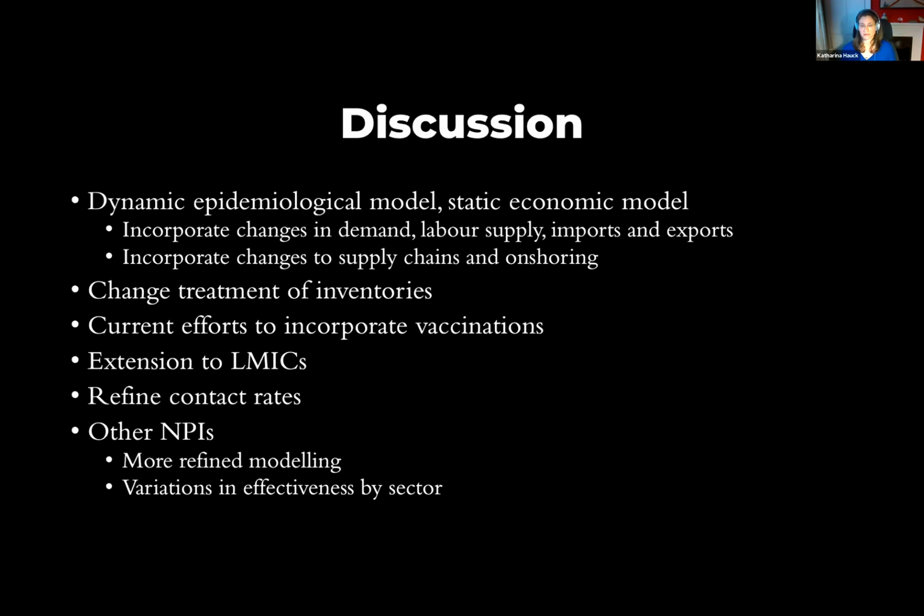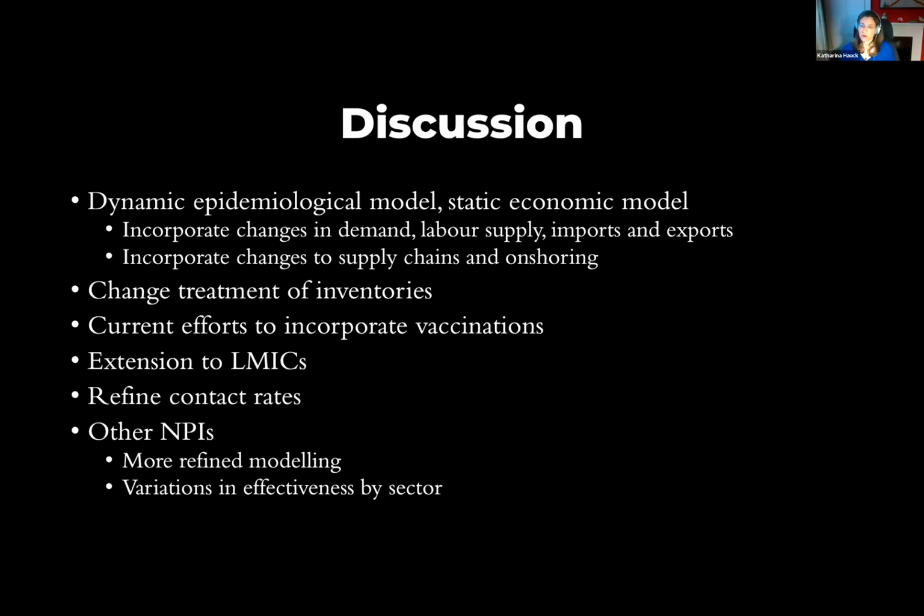The problem being that if we don't model demand, we implicitly assume that companies may produce goods that are not immediately cleared on the market. Our main effort at the moment is directed to incorporating the impact of vaccinations. And we are working on extending it to LMICs to inform the vaccine modeling of WHO SAGE. We also want to refine the contact rates and do more refined modeling on the NPIs.